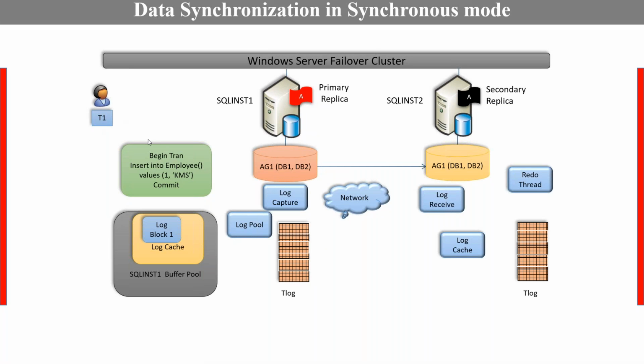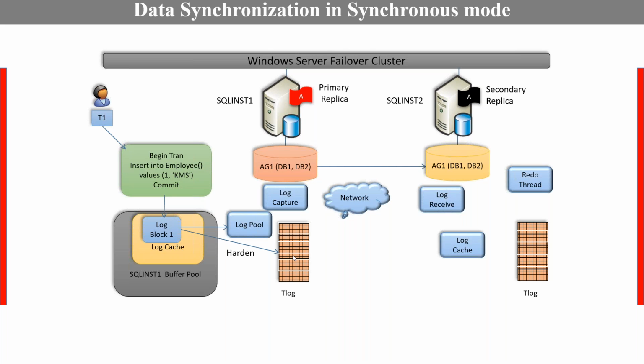Sir, whenever you are performing a transaction, that will first go to the buffer, sir. On the buffer, parallelly it is hardened to the log file, because to secure our data, sir.